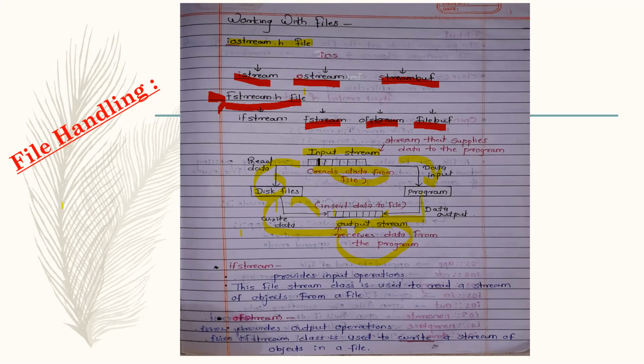Input operation involves the creation of an input stream and linking it with the program and the input file. Similarly, the output operation involves establishing an output stream and linking it to the program and the output file.